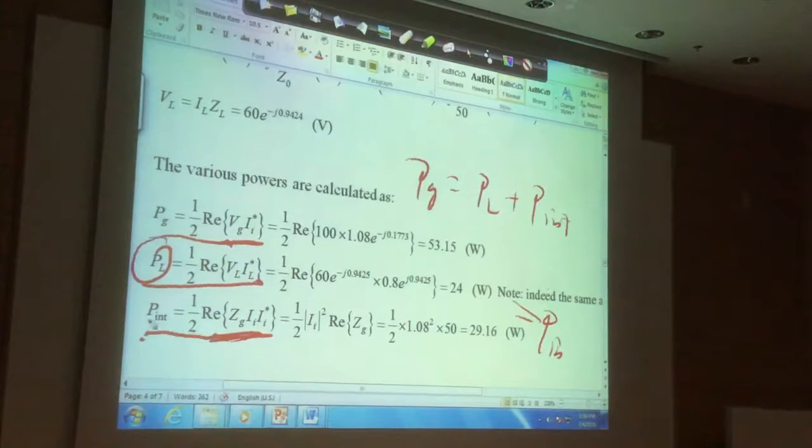Okay? Here is internal, okay? We have another P INC, incident, okay? This internal by the source impedance, incident minus reflected power is the PL or P input, right?